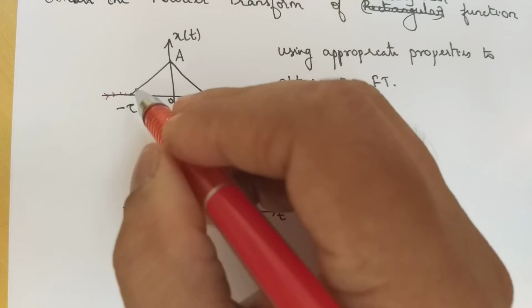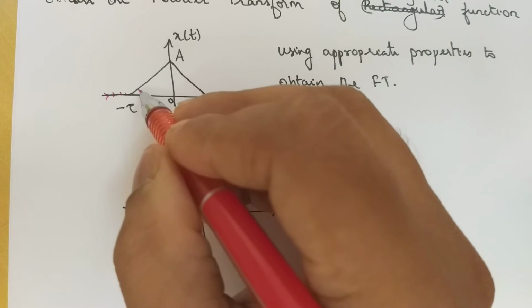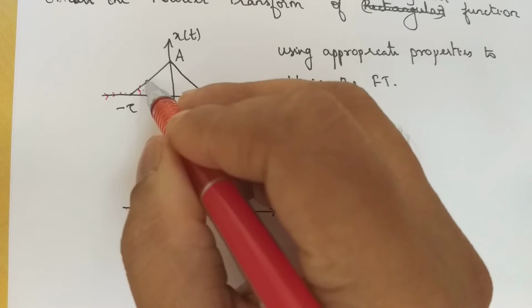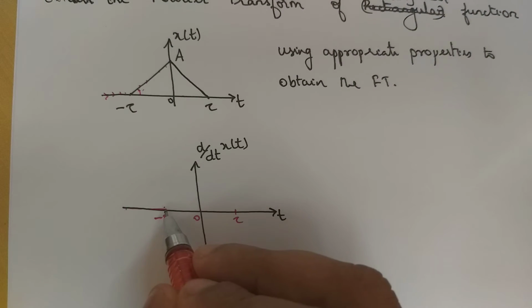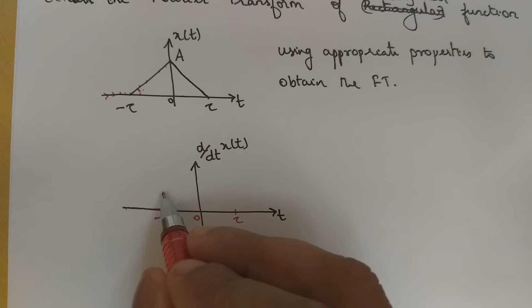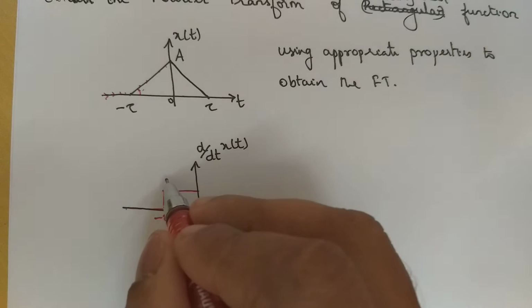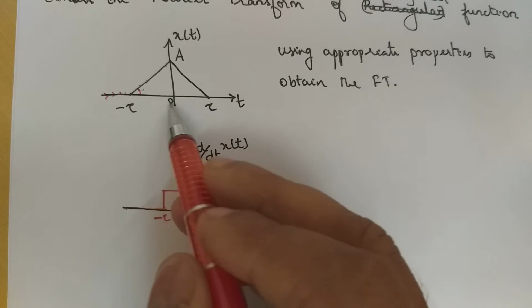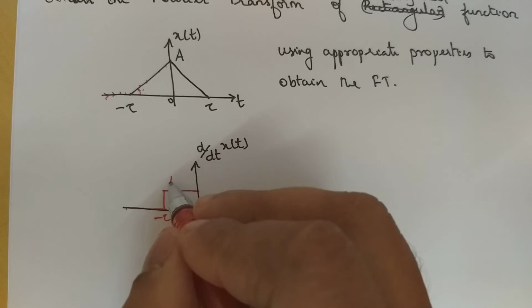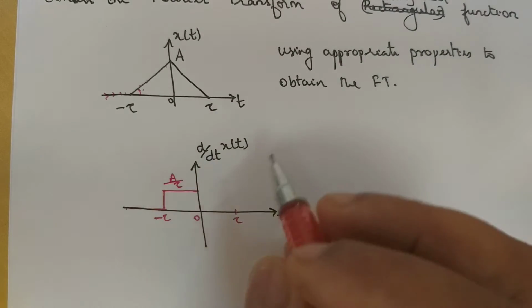So the next part is with the acute angle of 45 degree, this is increasing with the slope. So the differentiation term goes with the amplitude, which will be a divided by tau, that is amplitude divided by this width. So width is nothing but tau, so a by tau what we are going to get.